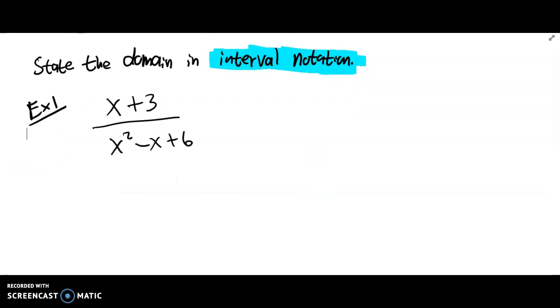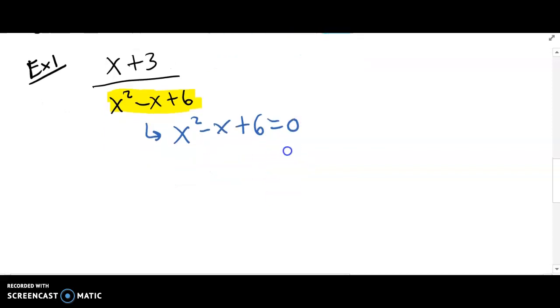Okay, remember our two rules. Rule number 1, we can't have 0 in the denominator. Rule number 2, we can't have a negative under a square root. There's no square root here, so we don't worry about that. We do have a denominator, so let's find out what makes this 0. We're going to have to factor this one.